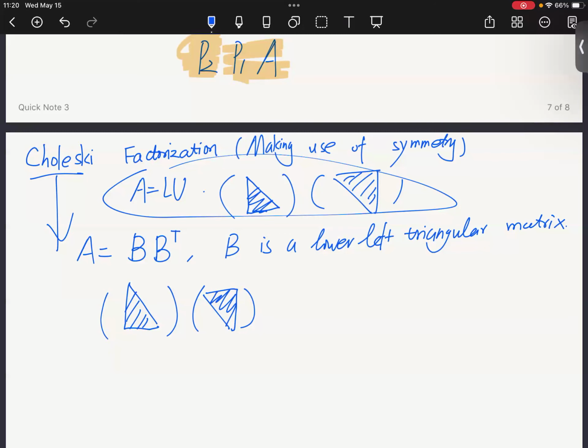So for this matrix B, if we want to write down the matrix B, we just need to write down the values for the lower left part, and the lower left part just contains n times n divided by 2 entries. So here we have n by n entries, but we just need to know n by n divided by 2 value components.